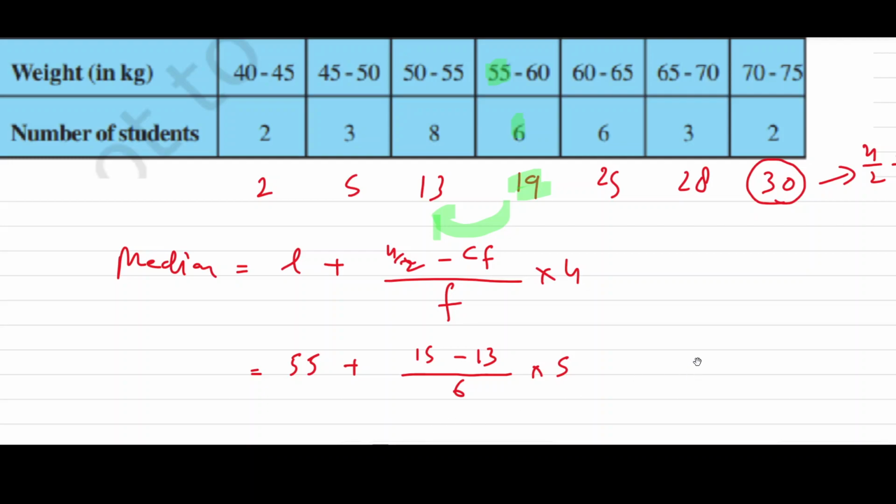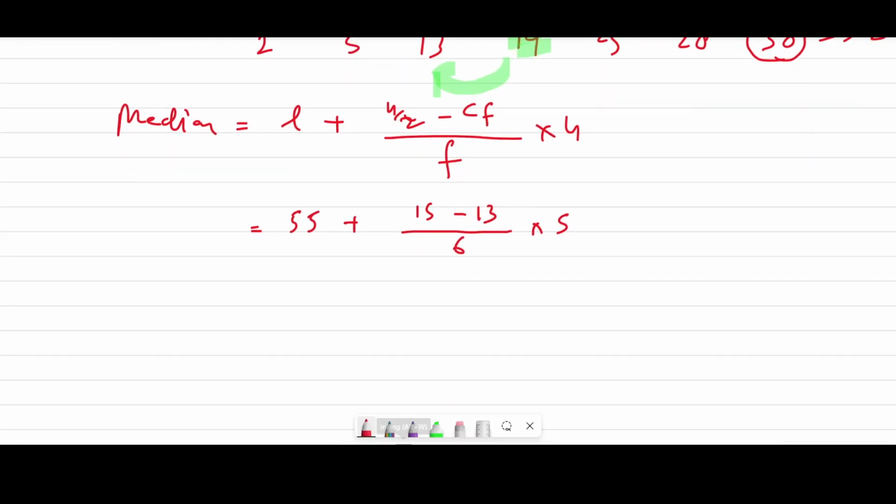Now calculate this value. Here 55 plus 15 minus 13 will be 2 by 6 into 5. So 55 plus, 2 threes are 6, so 5 by 3.